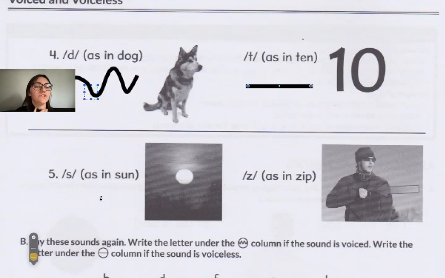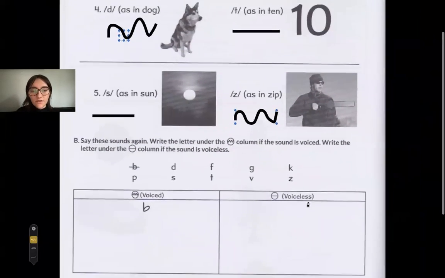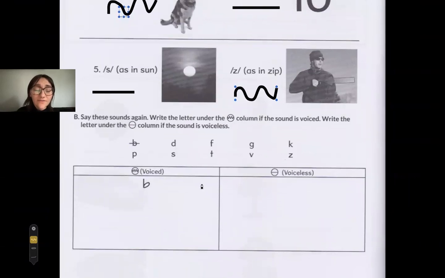Next we're going to do sun. Sun is voiceless. It's flat. There's no vibration. But if we say zip, you feel the vibration, right? So we're going to say all of these sounds and write whether they're voiced or voiceless.